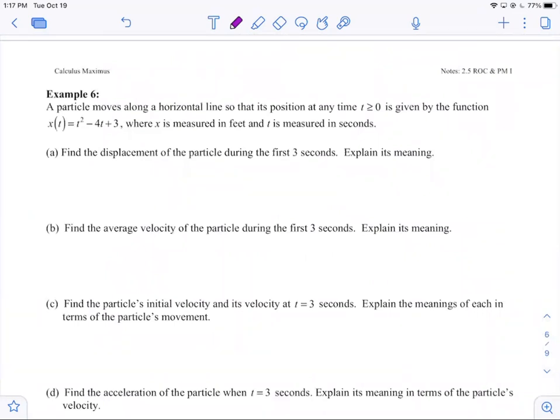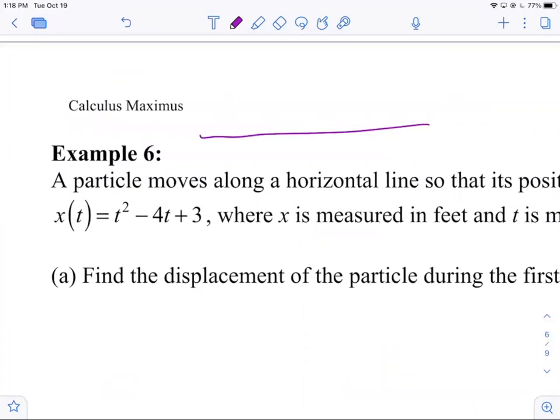A particle moves on a horizontal line. That's classic, all right? So you can right there imagine that you've got like an x-axis, right? And here's 0. This is just a random x-axis. And then you got this little particle dude, right? I mean, what does he look like? He looks maybe like a dot. And the x-axis is just there to kind of keep track of where he is.